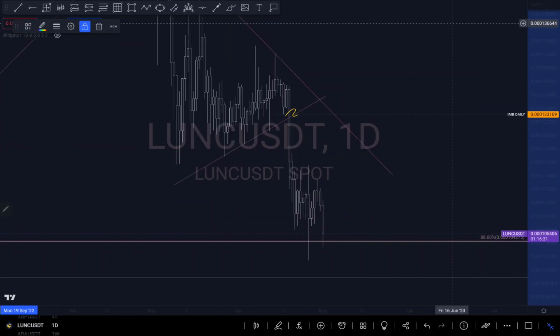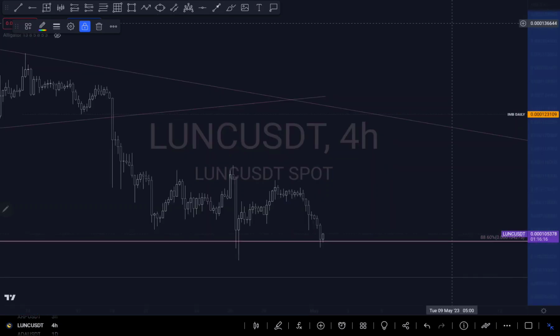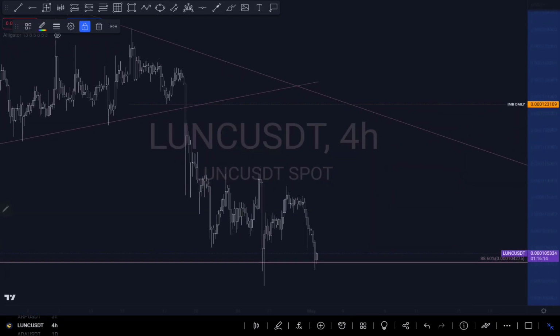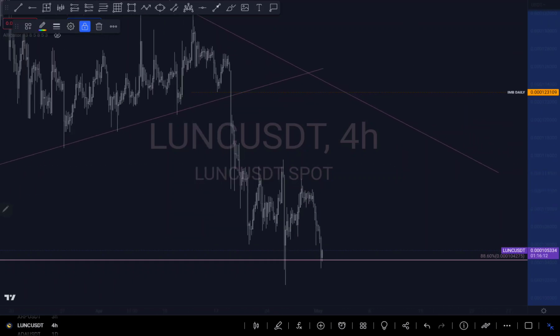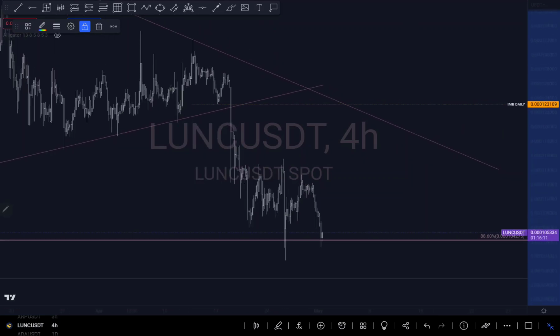And there's also an imbalance that needs to be filled around this level right here. So I'm expecting a push to the upside on LUNA Classic. Let's see how that plays out.